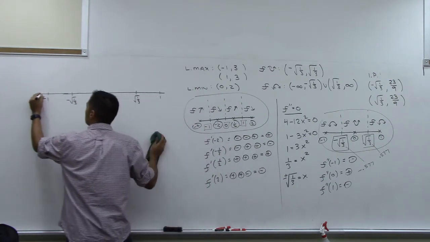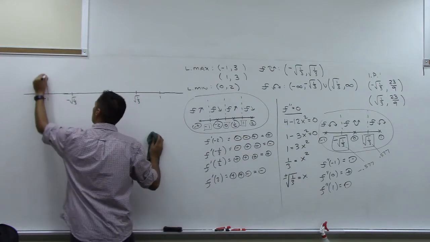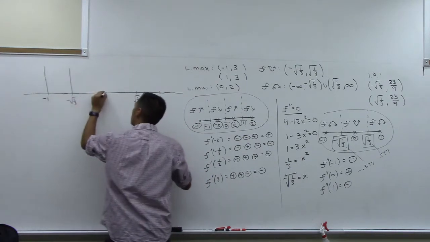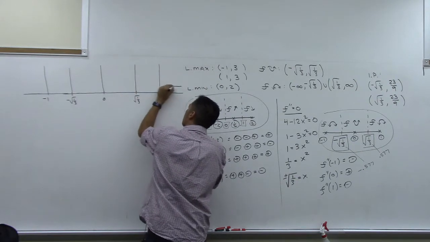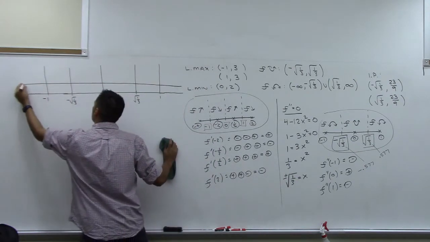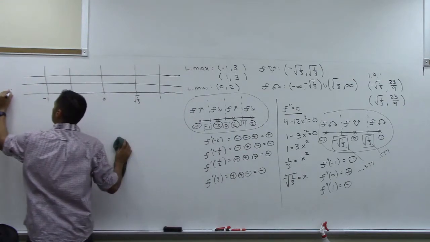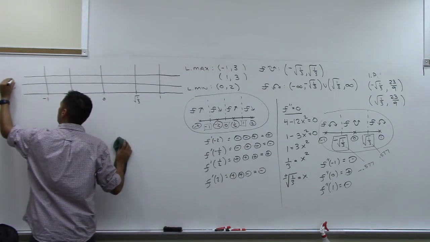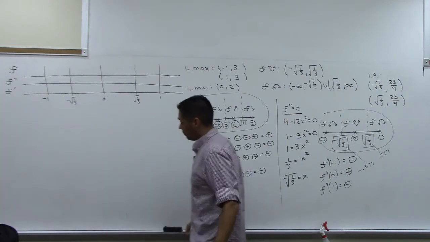And then I'm going to give myself enough room to go vertically from there, so I can create this table. I'm going to need enough for 3 rows. My first derivative information goes here, my second derivative goes here, and then overall what my function looks like goes up there.